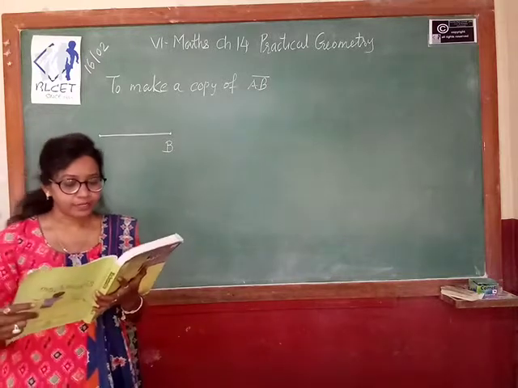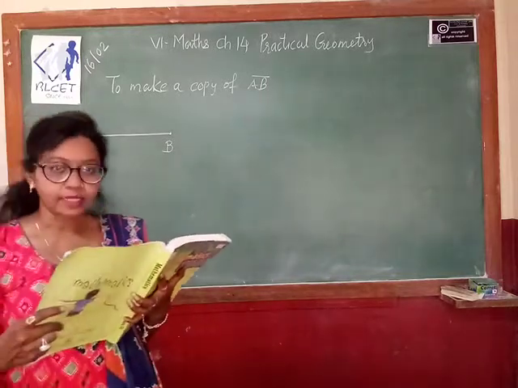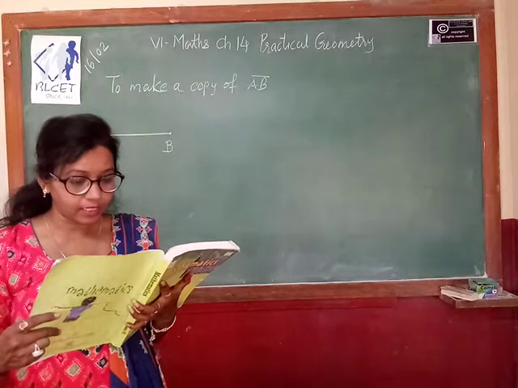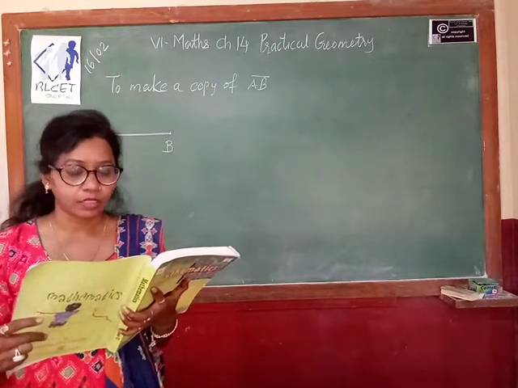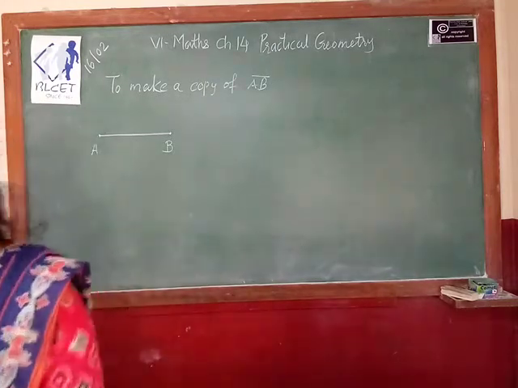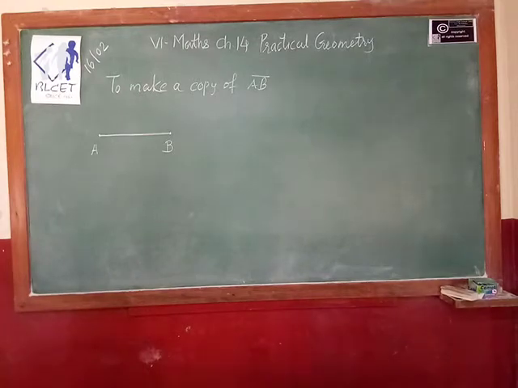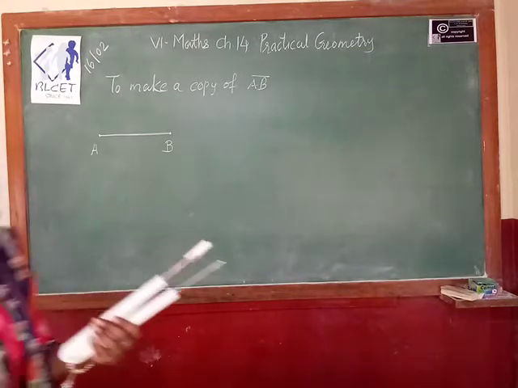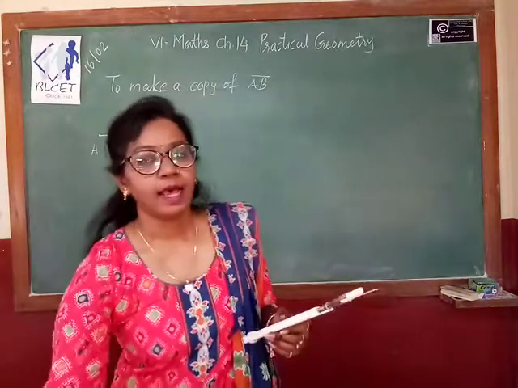What is the second step? Fix the compasses' pointer on A and the pencil on the other end, that is B. So now we use compasses, and this is your ruler.